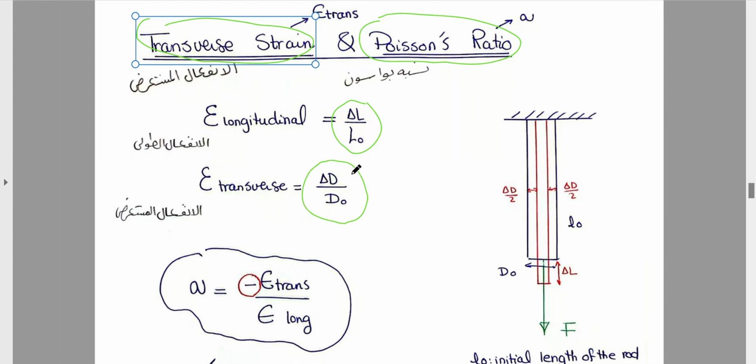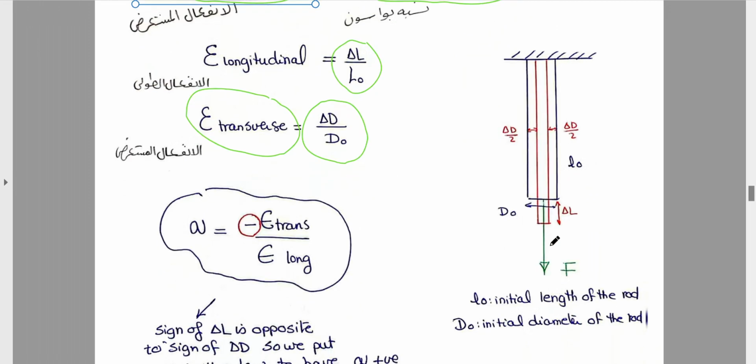This deformation is relative to the initial diameter, delta D over D naught. That's why we call it transverse strain. So examining the diameter, we have deformation. This deformation is not along the axis of the force. It's perpendicular to the axis of the force.